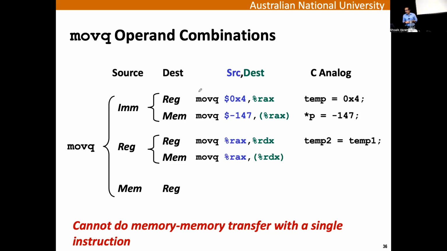All right, what are we doing here? Great, star P equals temp. We are saying take this address, parentheses say, treat the register as address, take the variable that is stored in RAX and store it in memory.